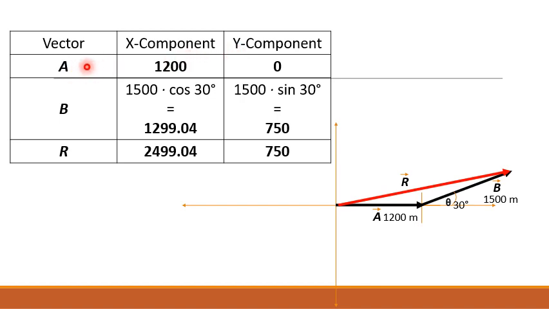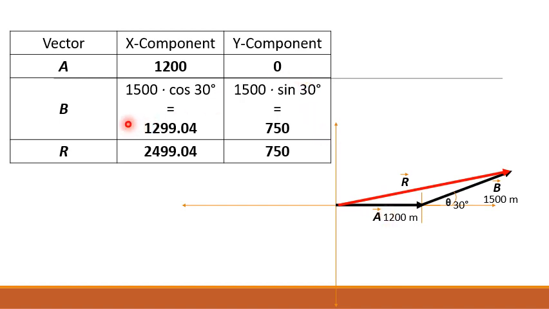For vector A, which is this arrow, the answer is 1,200 because cosine of 0 is 1. So 1 times 1,200 is 1,200 meters. And then the y component is 0 because the sine of 0 is 0, multiplied by 1,200 is 0.